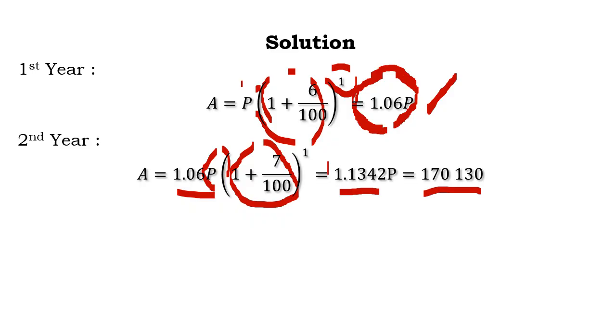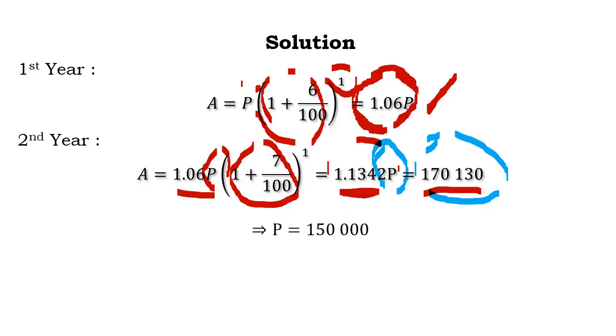Now we say that this amount is equal to 170,130. Then we ask ourselves, we need the principal, the amount she invested. What is this p? We divide all through by 1.1342, and we end up with the principal being 150,000. Alternatively, you can do it this way.